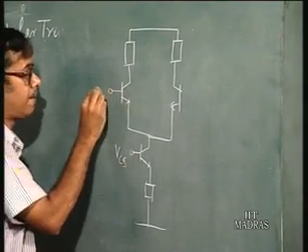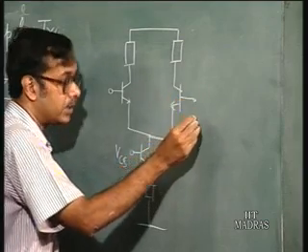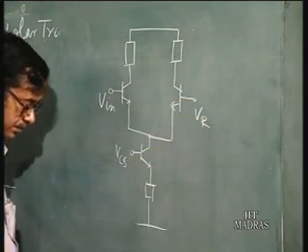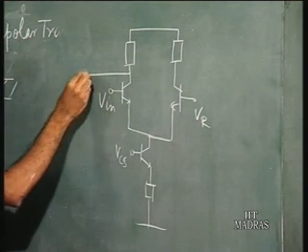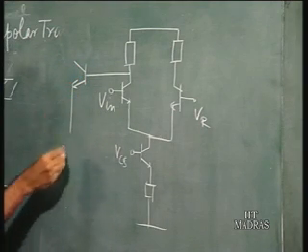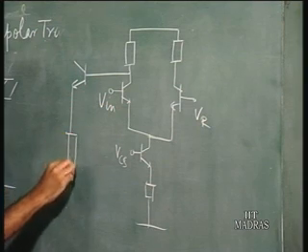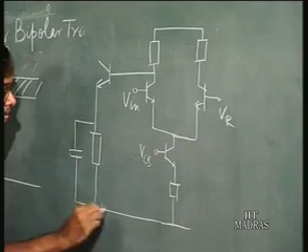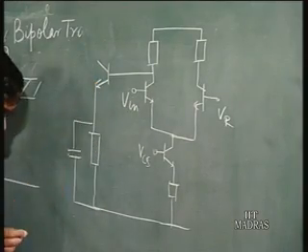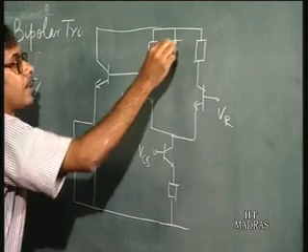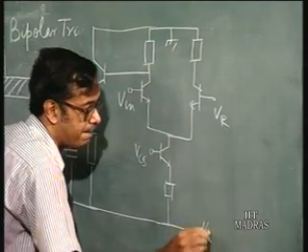This is the input, this is the reference voltage, and this is the emitter follower. Say I am just taking the NOR output. So, these are the resistances. Okay. This is ground and this is minus VEE.